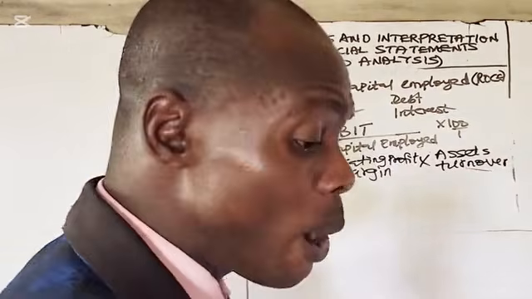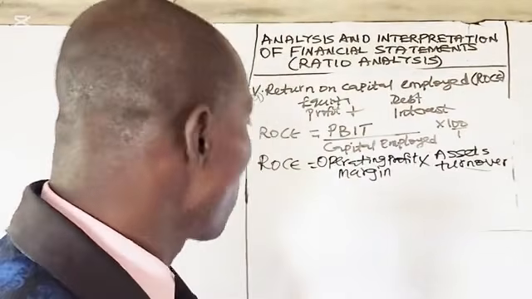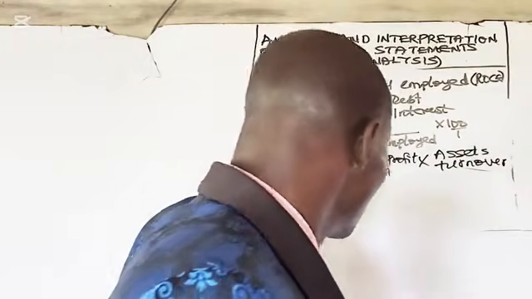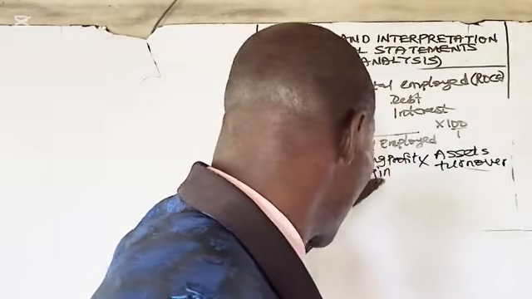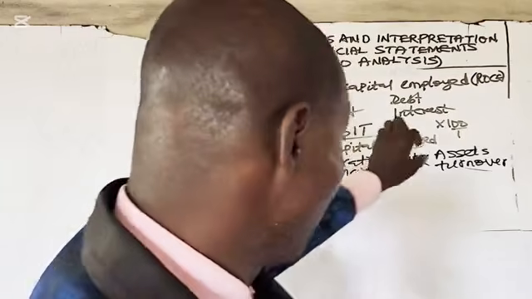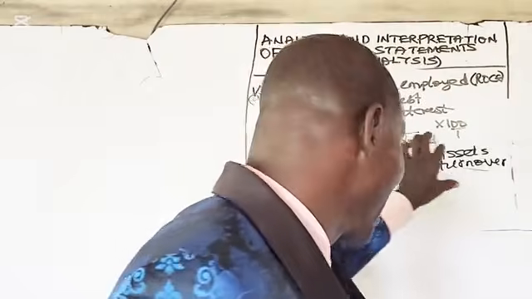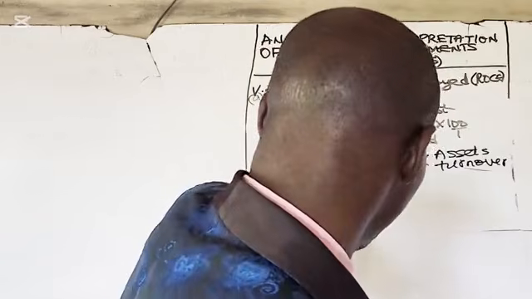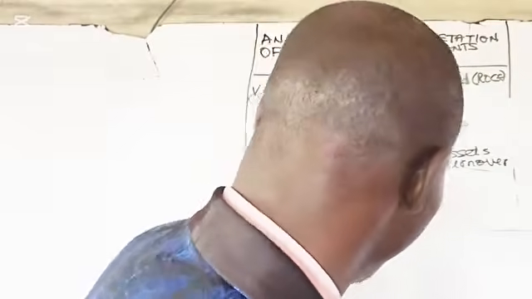It means if you want to use ROCE as a metric in evaluating the performance of an entity, you have to look at it from two angles. Number one is overall operating profit margin, and the second one is asset turnover. If you want to make any recommendation about ROCE, your recommendations have to be on operating profit margin and asset turnover. So please bear that in mind.